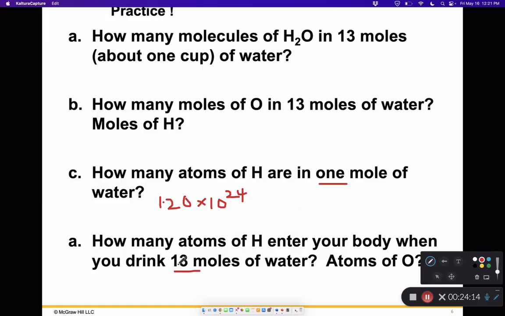So 13 times 2 times 6.02 times 10 to the power 23 is the same as multiplying the earlier number in section C by 13. That will give you, what is the answer? Let me see. The answer, if you write in 2 sig figs, is 1.6 times 10 to the power 25.